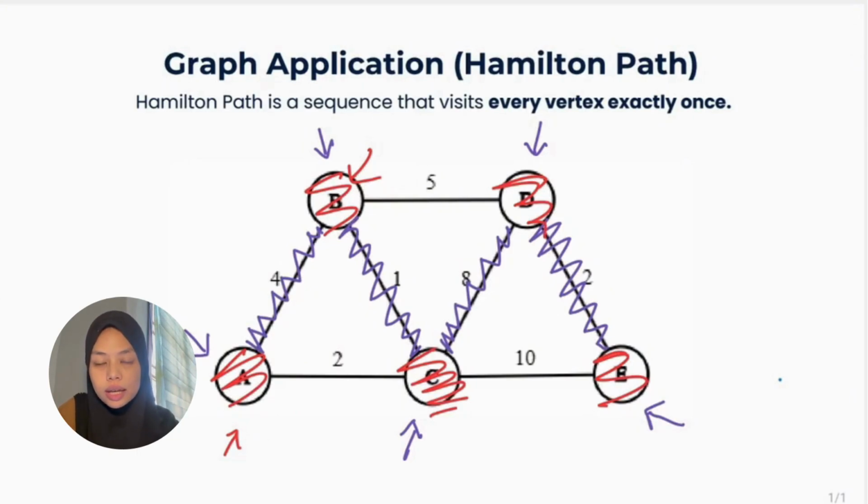In conclusion, the Hamilton path helps us understand how a network can be traversed completely, while the minimum spanning tree helps us design the most efficient network. Both concepts are important, but they serve different purposes in graph theory.